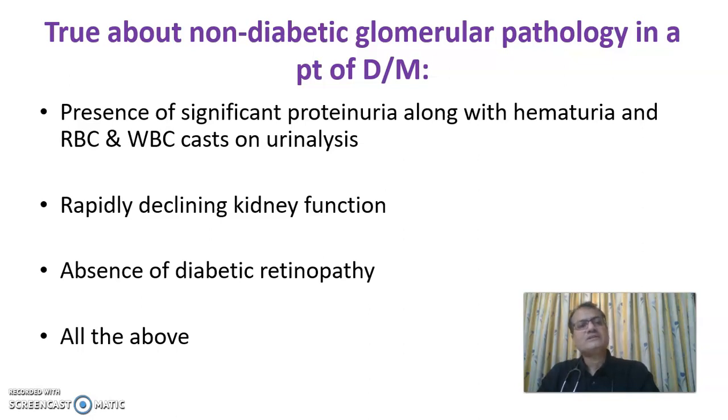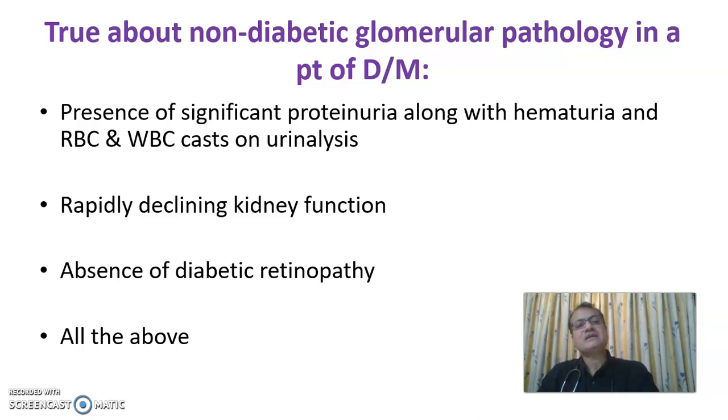Now the question says, true about non-diabetic glomerular pathology in a patient of diabetes mellitus. See, often in a patient of diabetes we find diabetic nephropathy only, but it is a clinical possibility that diabetic patients may have some non-diabetic glomerular involvement, right?